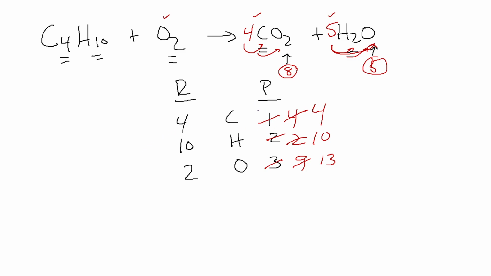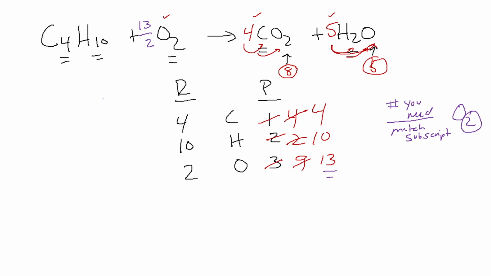So how you use a fraction is the number up on top of the fraction should be the number you need. So let's see, in our case, we need it to be 13. So that's what I'm going to put up here on top. The number on the bottom should match the subscript on the formula. And in this case, our formula is O2, which means on the bottom should go a 2.